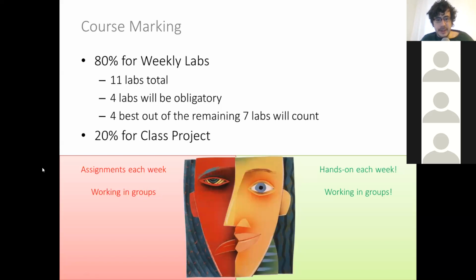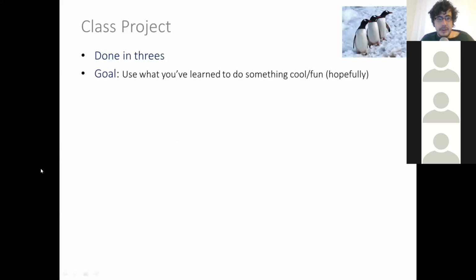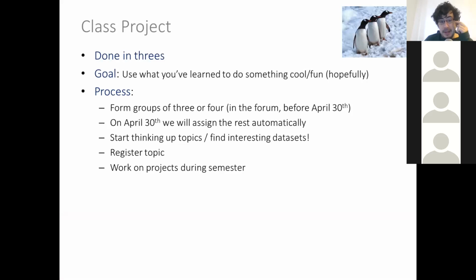It's essentially a group project that you'll have to do, which will be done in threes, maybe fours, depending on how many people there are and how things work out. The goal will be to use what you've learned in the course to hopefully do something cool and fun and interesting. So the topic is completely up to you, and it's quite flexible.